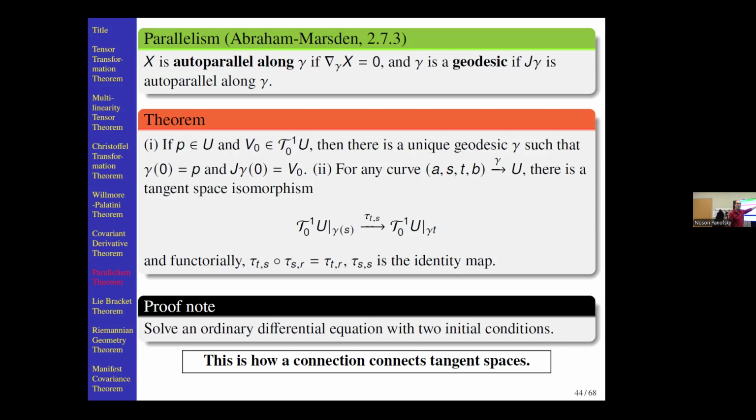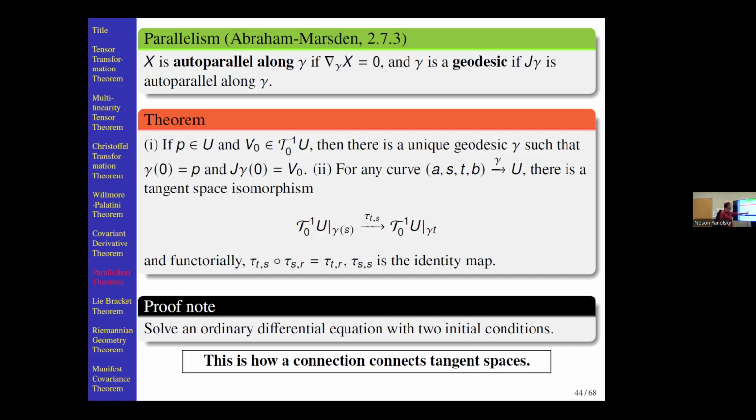And J gamma is the derivative of the curve. Okay? And this is the fundamental theorem of parallel translation, which uses this notation to define what I mentioned earlier.